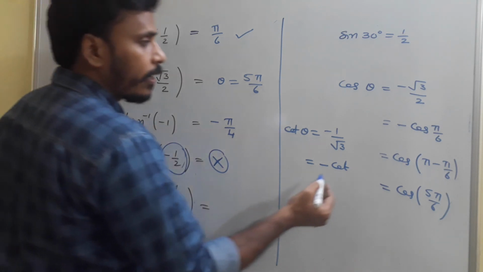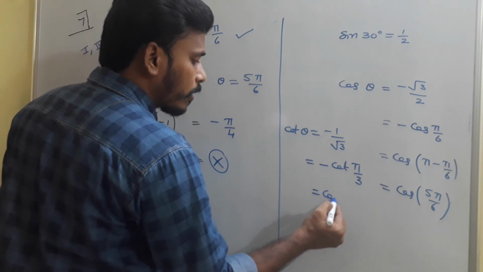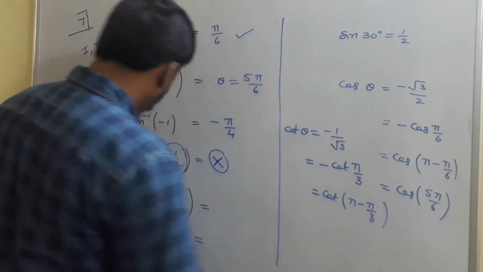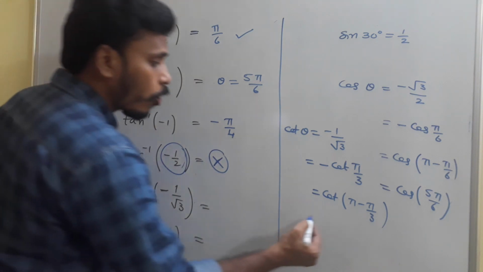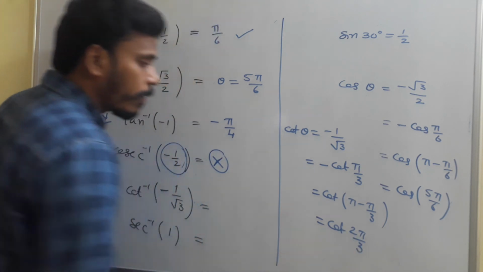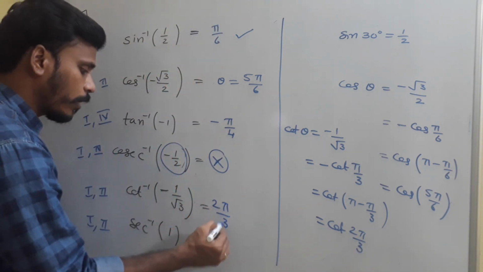Yeah, 60 degrees, right? 60 degrees means cot pi by 3. So minus cot pi by 3 is cot of pi minus pi by 3, which is cot of 2 pi by 3. So 2 pi by 3 is the angle in the second quadrant which results in minus 1 by root 3.